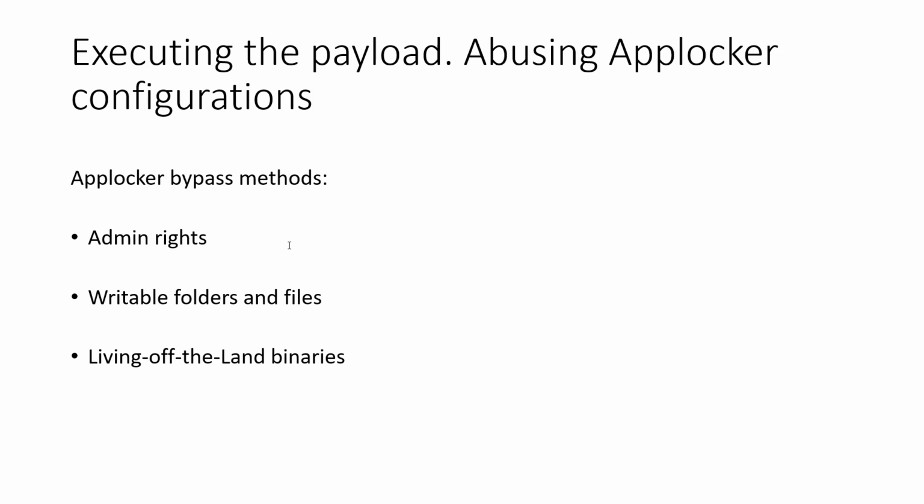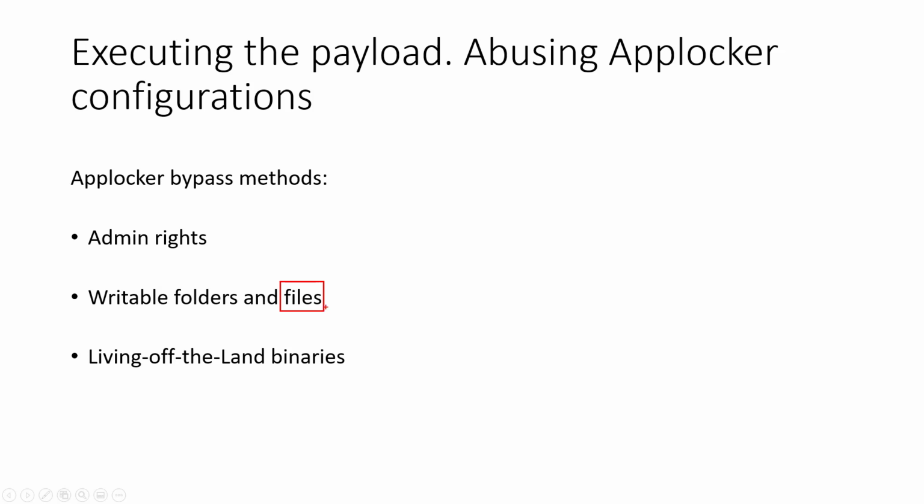Next one, which I'm going to use, writable folders and files. That's when we have writable folders in trusted locations or writable files in trusted locations. If we find a writable folder, that's super straightforward. We can just put our executable there and run it from there. If we find writable files, that will be slightly more complicated.